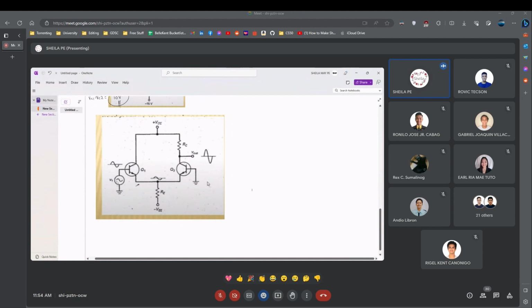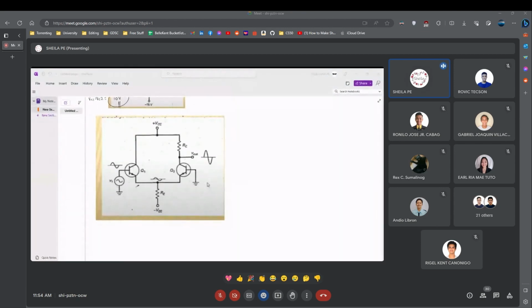Okay, if our voltage here has a waveform like this one, we have our VE of a smaller waveform compared to this one, and a very large output in our V out.